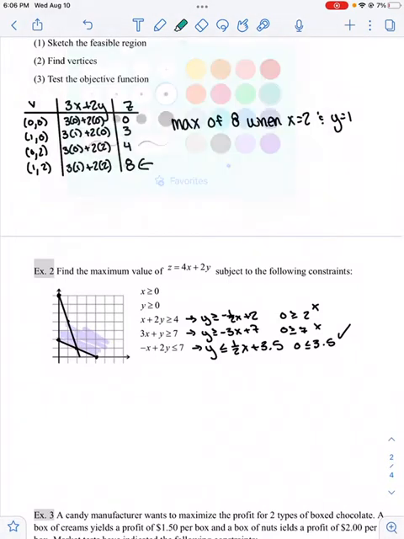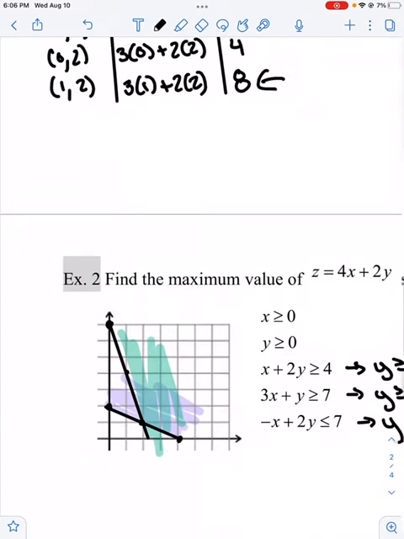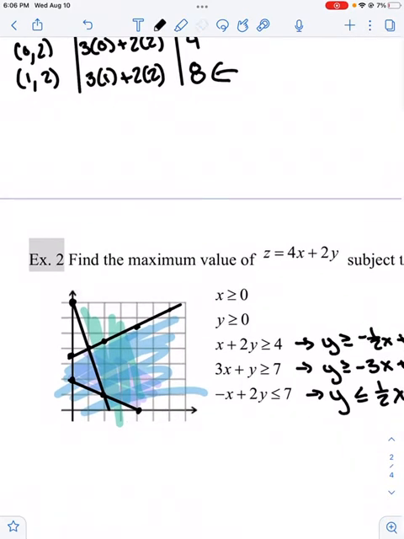The second one, 0 wasn't true, so again we shade this side. In the last equation, starting at 3.5, going up 1/2, and 0, 0 was true, so I'm going to shade where the point 0, 0 is. So our triple shaded area, where all those 3 shades are, is right in that middle piece here.